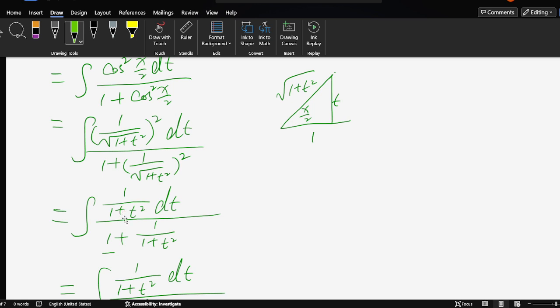We take the square, so they come to 1 over 1 plus t squared, and the denominator is 1 plus 1 over 1 plus t squared.